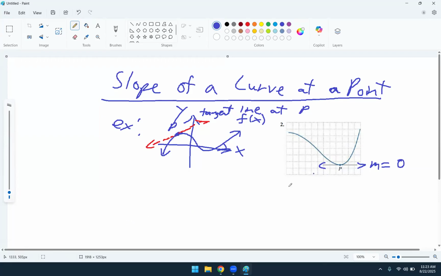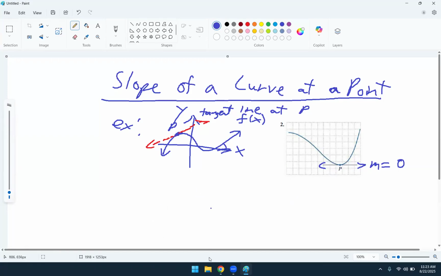If we didn't know that, we would have to pick out a couple of points on this tangent line and find the slope, because you need 2 points to calculate the slope. But for a horizontal line, it's going to be zero in terms of the slope.